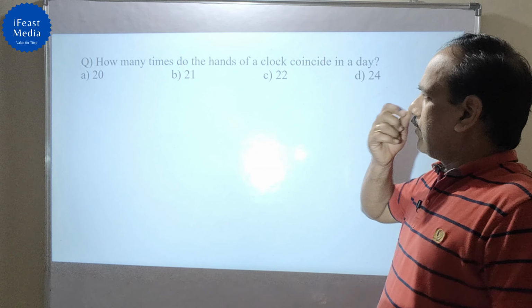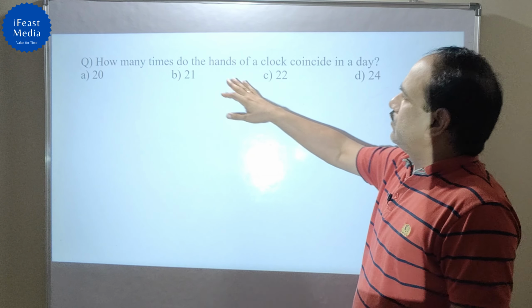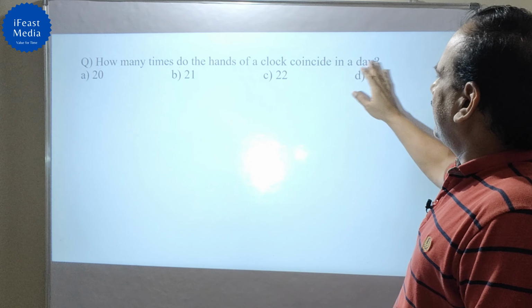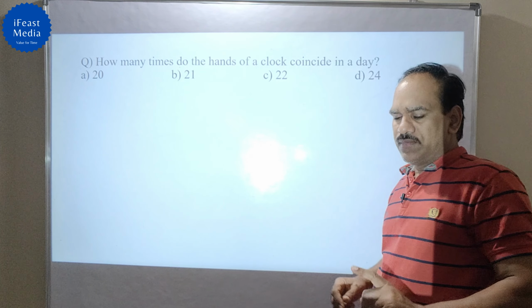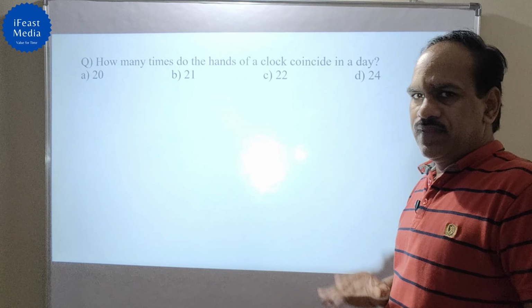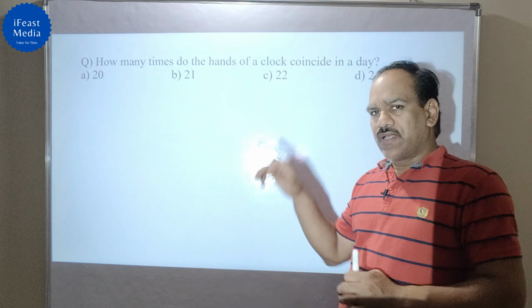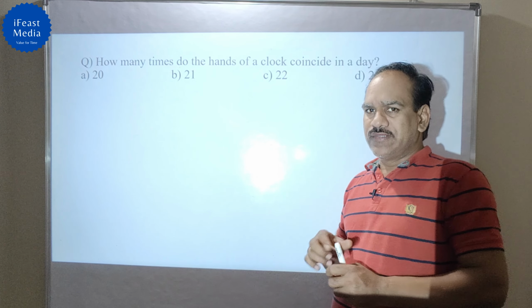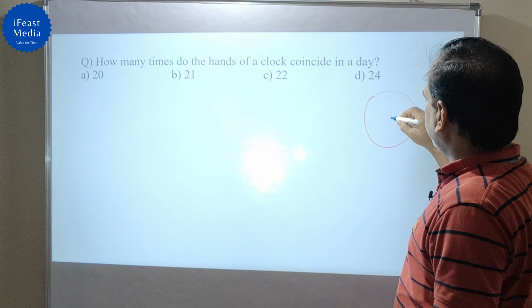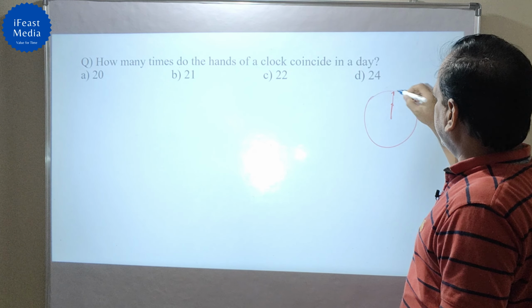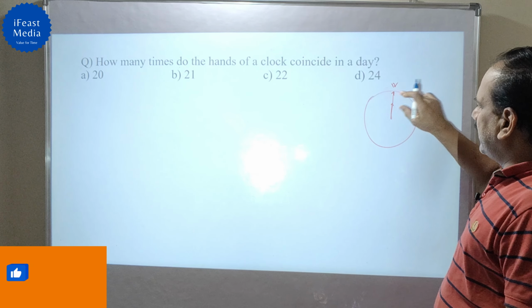Coming to this problem: how many times do the hands of a clock coincide in a day? If you see, in 1 hour both the hands will coincide once. After 12 hours, both the hands will come back to 12 o'clock again. Suppose they start at 12 o'clock. For every 1 hour they will coincide once.